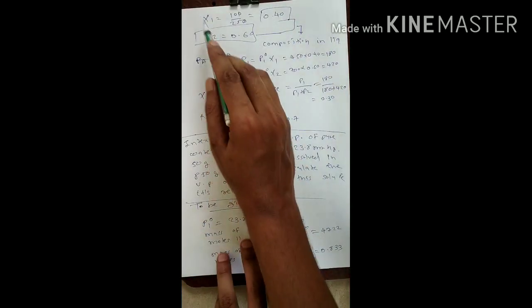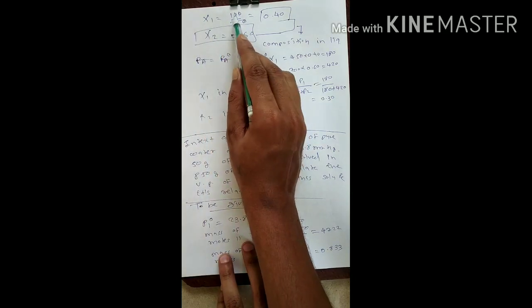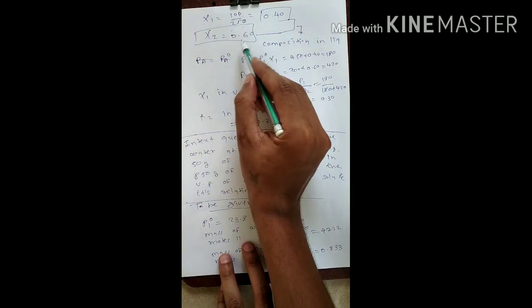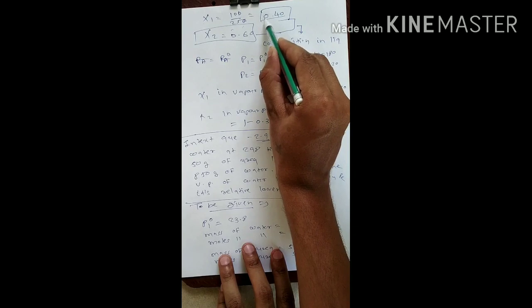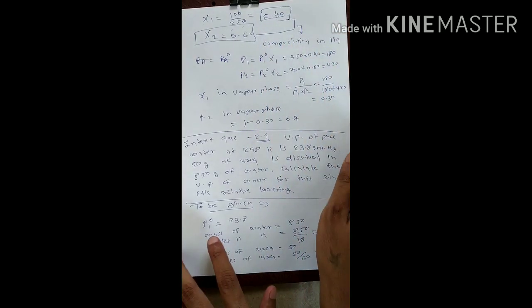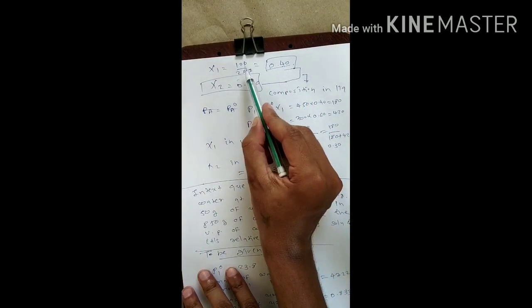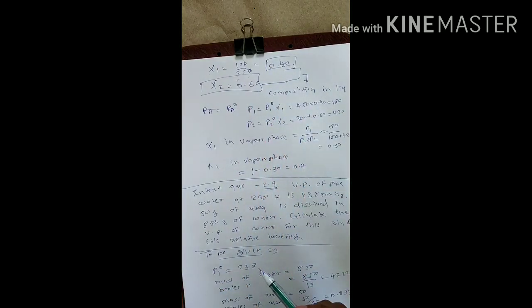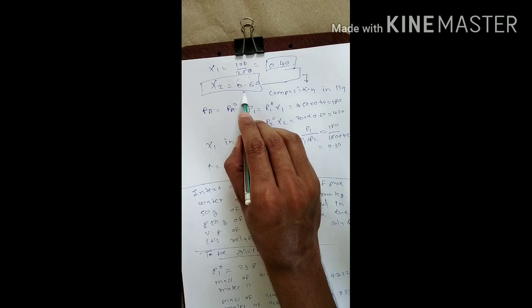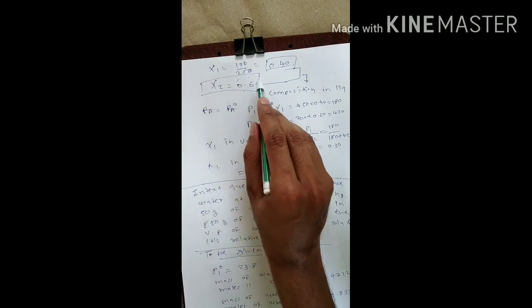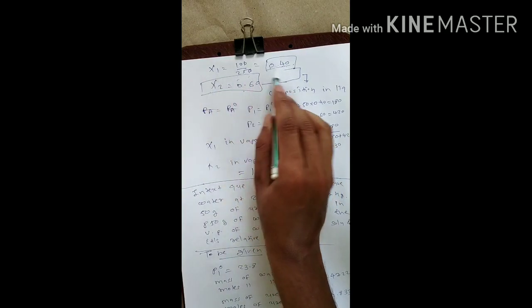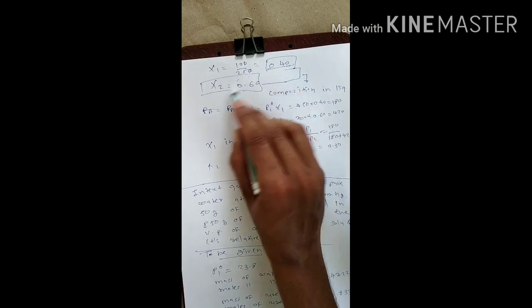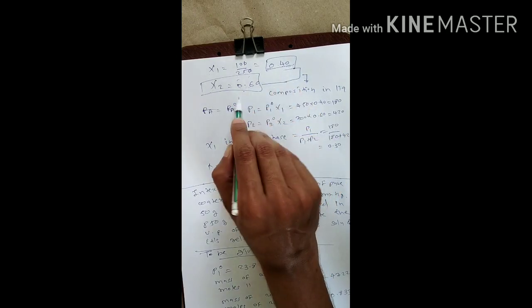Now from that you can find x1 is equal to 100 divided by 250. You will get the value 0.40. Now what is x2? x2 is equal to 1 minus x1. The x1 value we found is 0.40, so x2 will be 0.60.